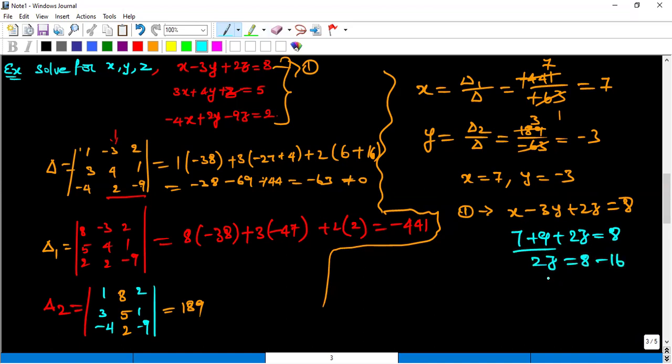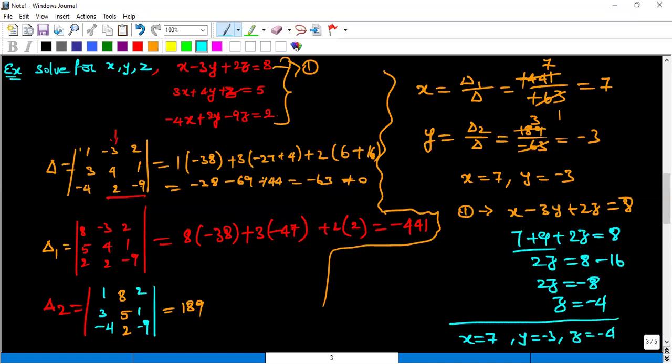Add these two and send to the other side. 2z is equal to minus 8 and the value of z is minus 4. So x value is 7, y value is minus 3, z value is minus 4. This is the solution for the given equations by using Cramer's rule.